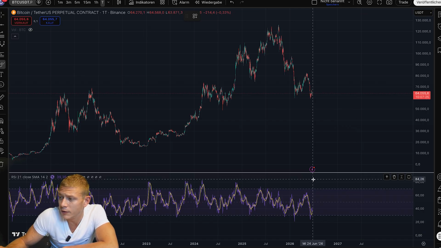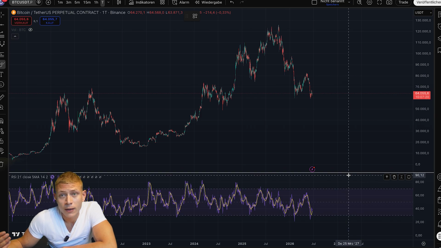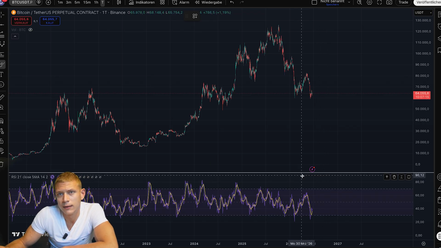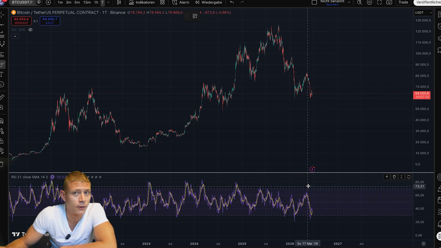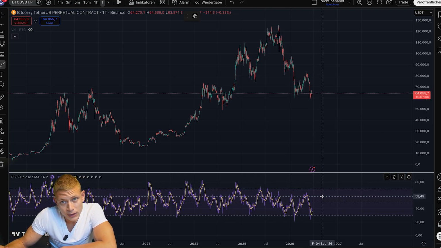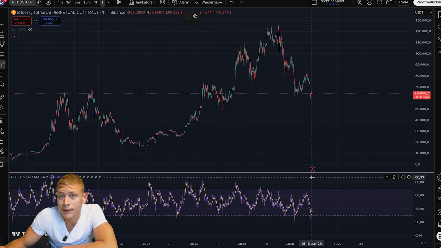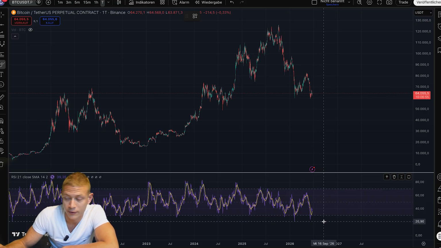Whenever we are on the top here in this black region, if you're in a long, you should at least consider taking some profits. You should get a little bit cautious, because at any point when we're at the top, we can always continue, but we can also turn around and go to the downside. The moment the indicator goes from the top to the middle part, it's considered a selling signal on the RSI, and the same vice versa.